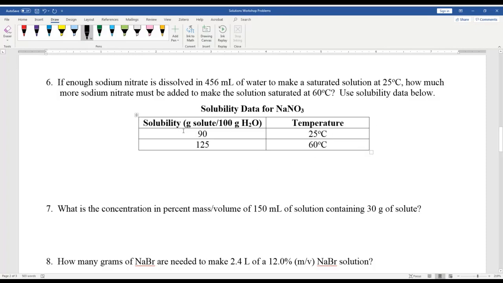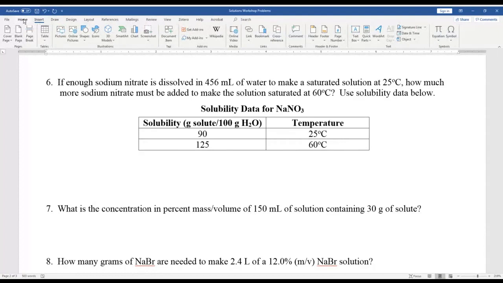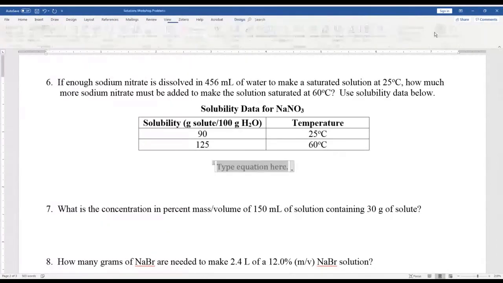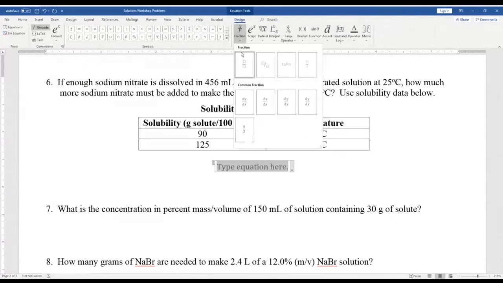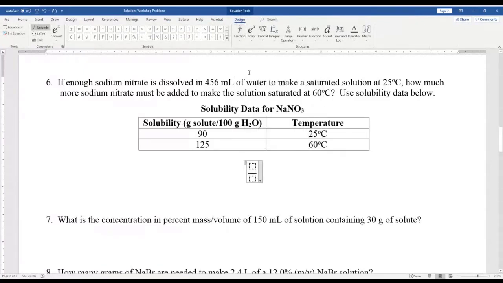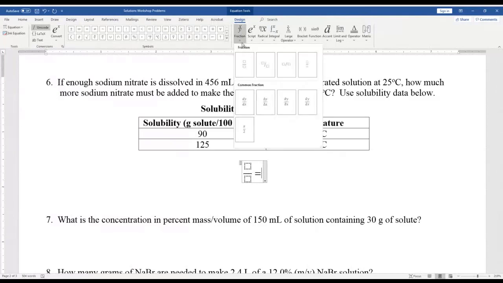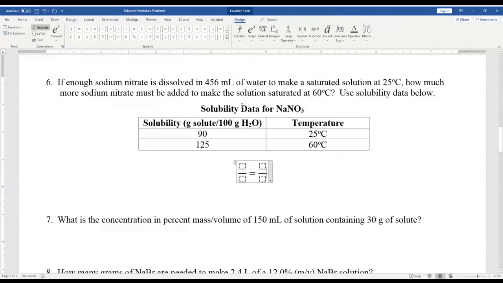With this data, we can set up two equalities just like we did before and solve them just like we did before. So let's first start with the saturated solution at 25 degrees Celsius.